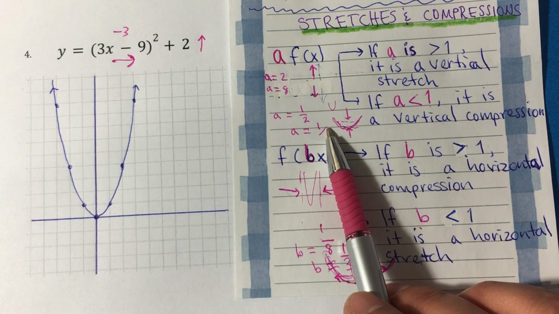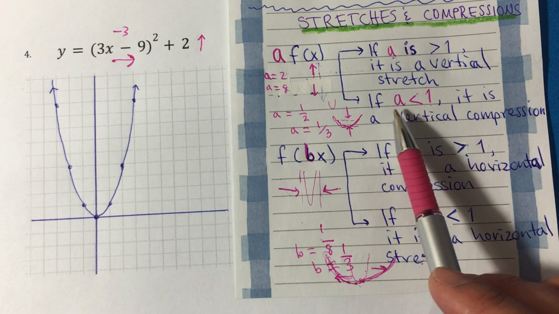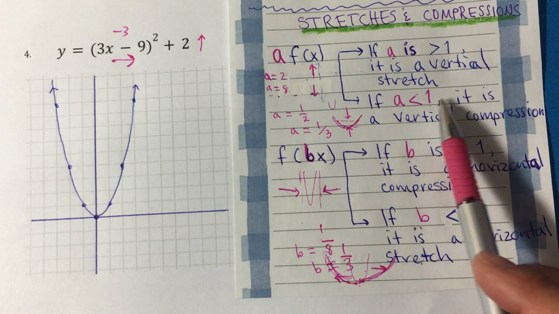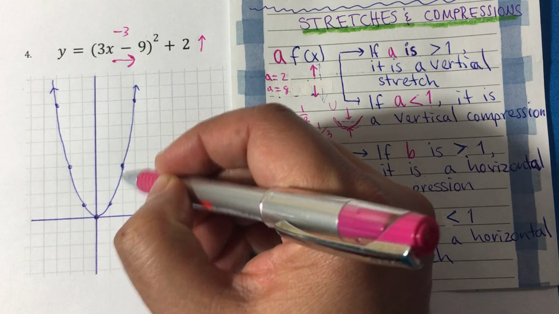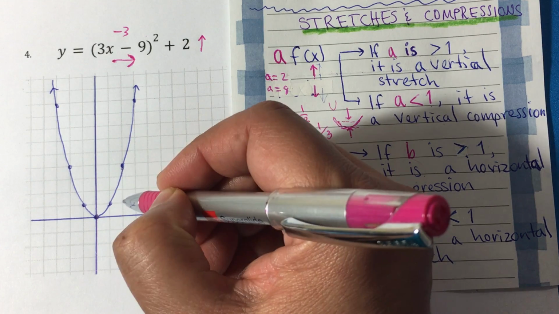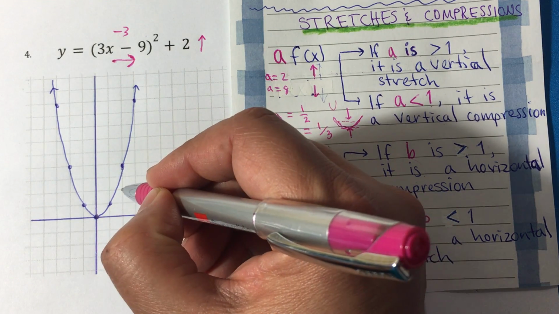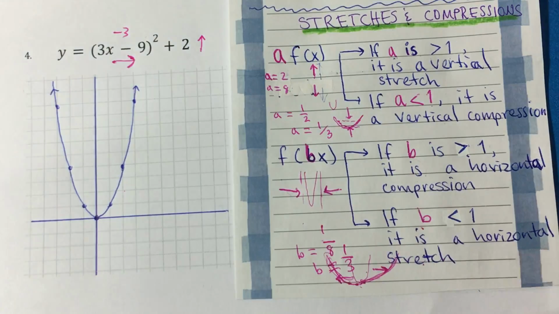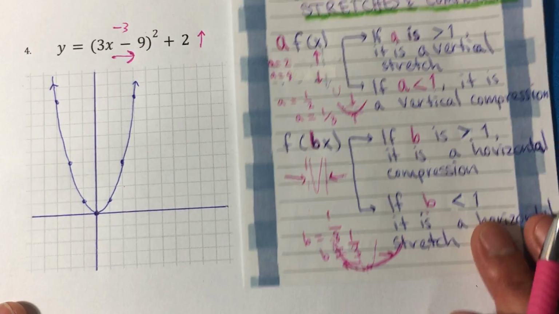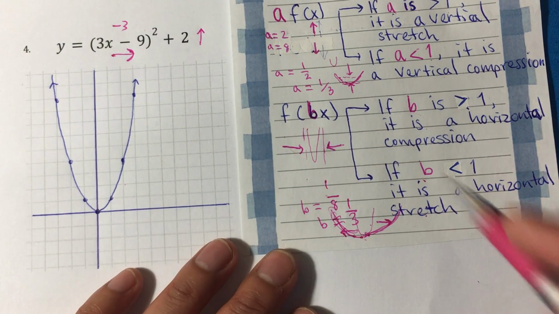If it's a fraction, then that means that a is less than 1, and therefore it is a vertical compression. So instead of having, for example, in here 4, you have 1/2 of that, this will go down. It's compressed, okay?